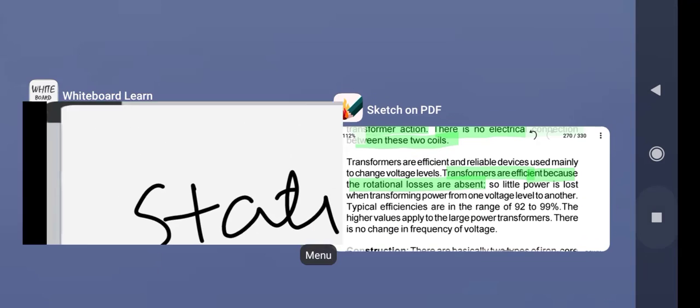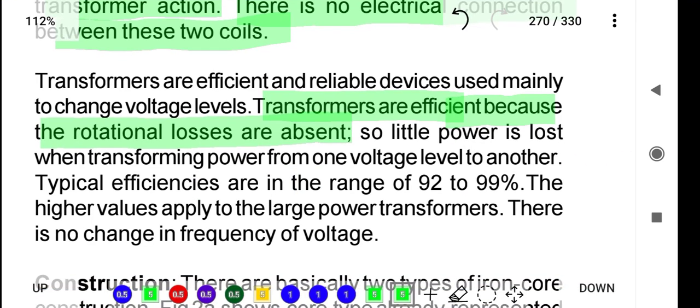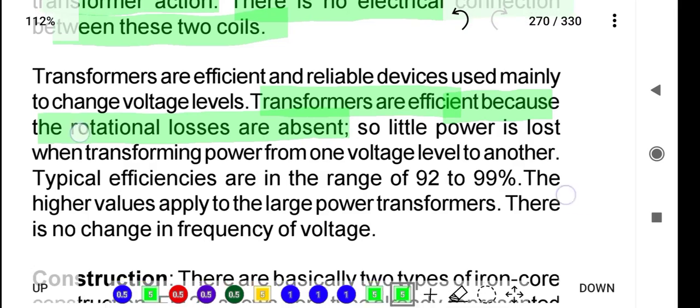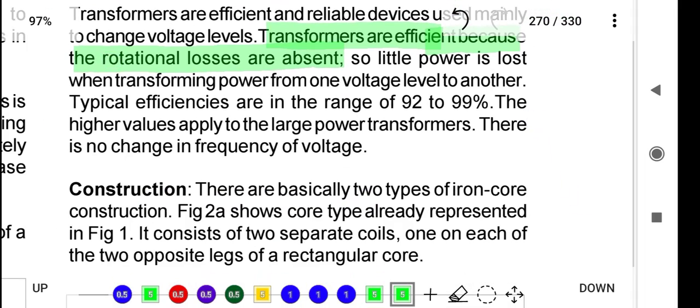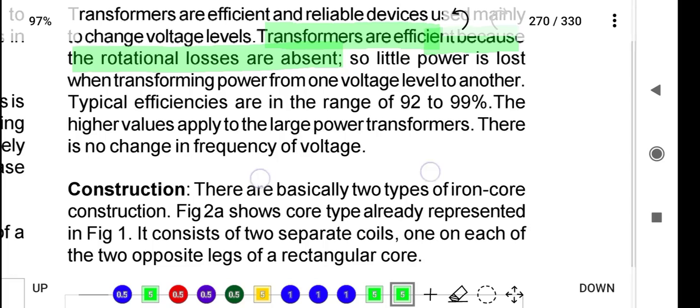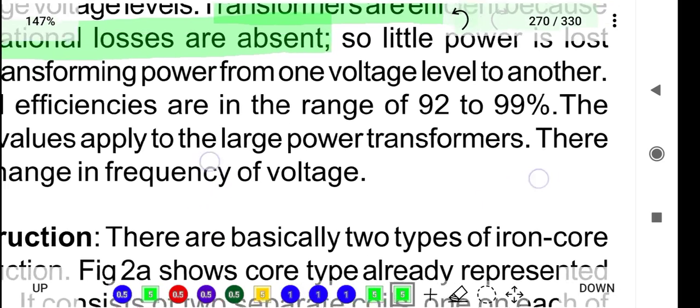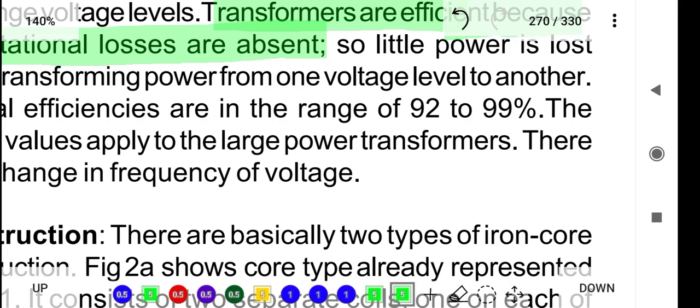Okay friends, this point is completed. Next, we will see the typical efficiency. This is the second point.